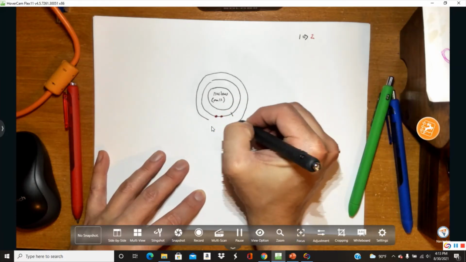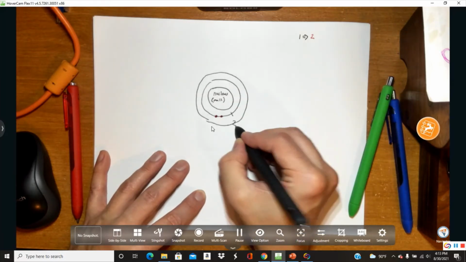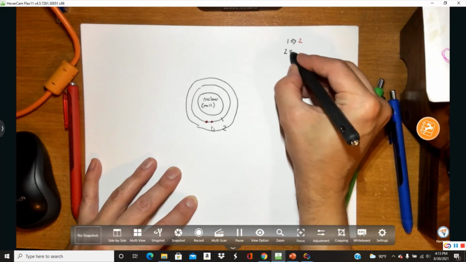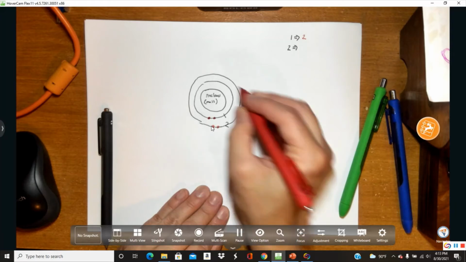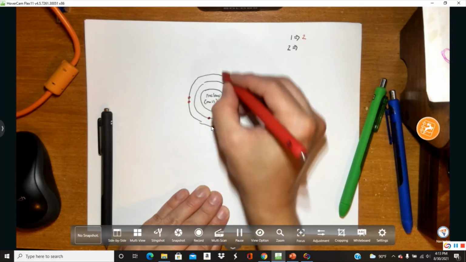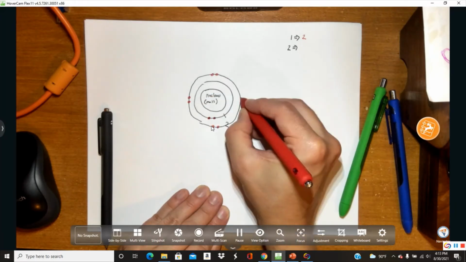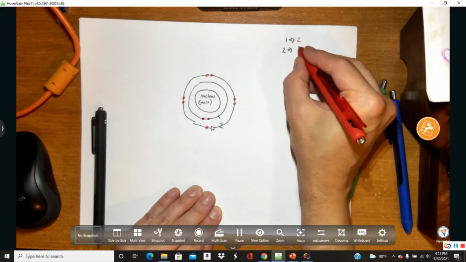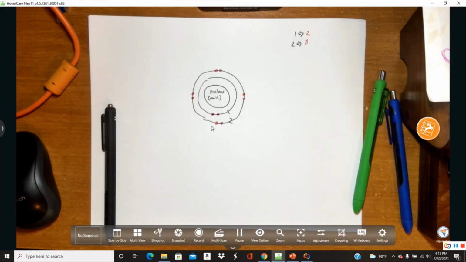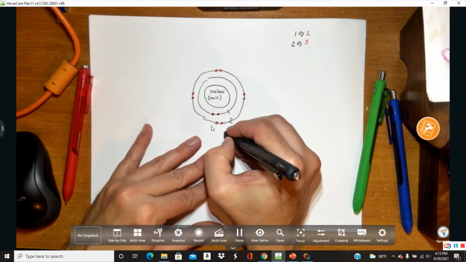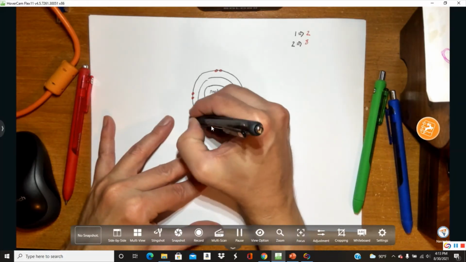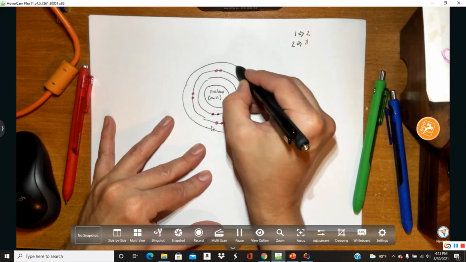Lucky for us, lot number 2 can hold a lot more. It can hold 2, 4, 6, 8 cars. And then if it's full, we have to go all the way out to parking lot number 3, so far away from the mall.